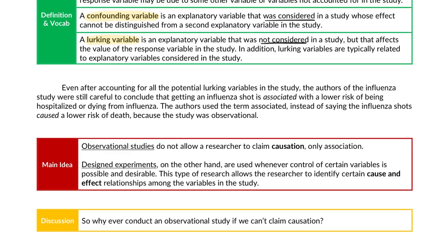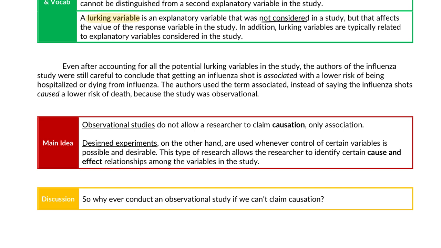So even after accounting for all of the potential lurking variables in a study, authors of the influenza study from above were still careful to conclude that getting an influenza shot is associated, circle that word, associated with a lower risk of being hospitalized or dying from influenza.